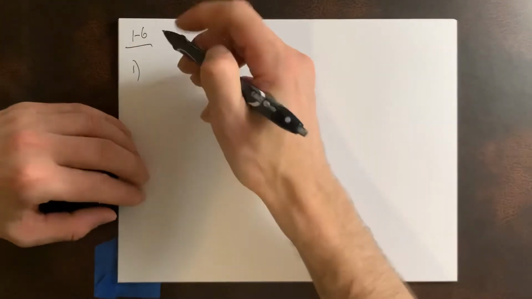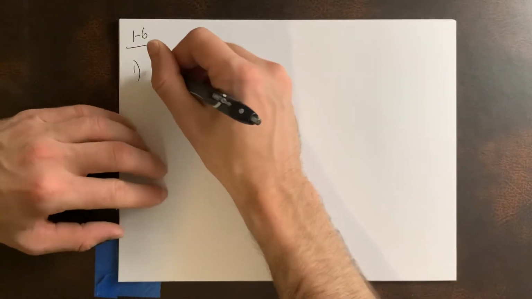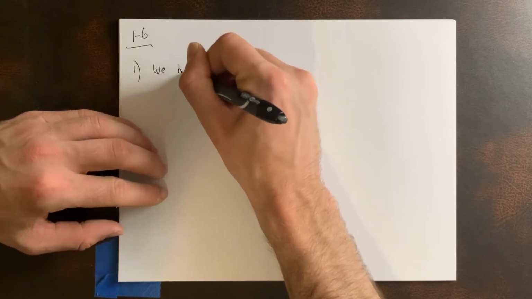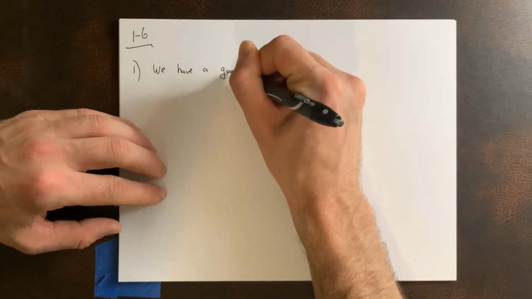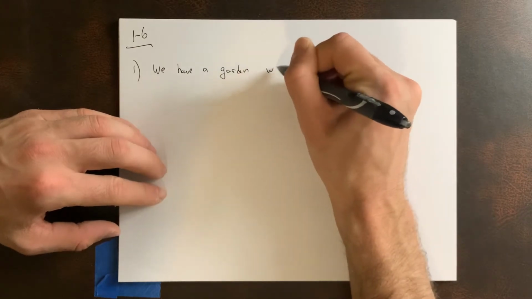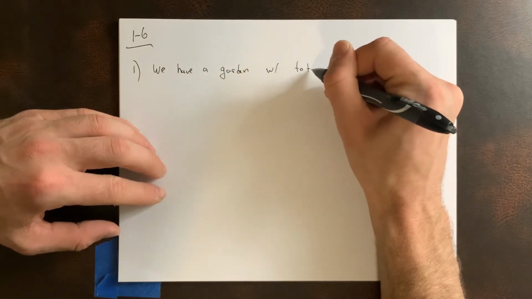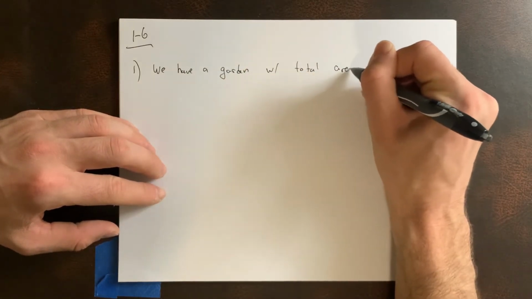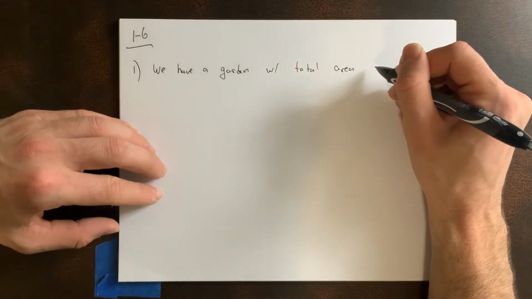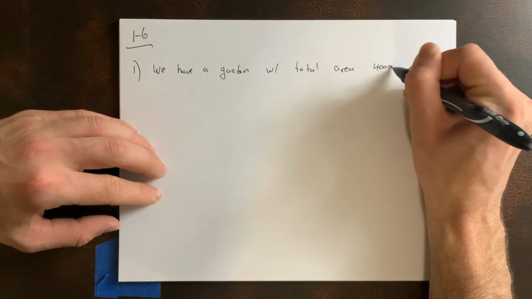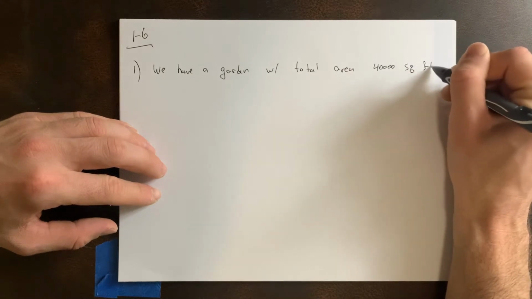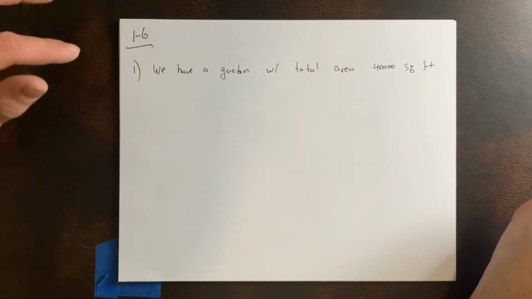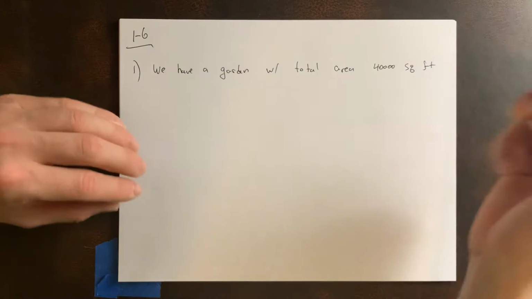In the first one, we have a word problem that says we have a garden with total area 40,000 square feet. And inside this garden, we have like this 4-foot outer walkway.